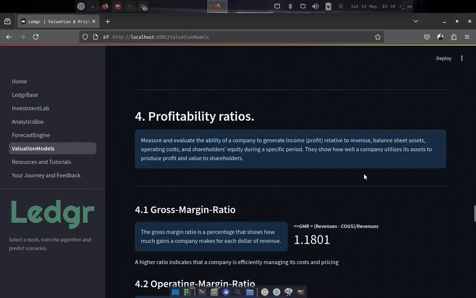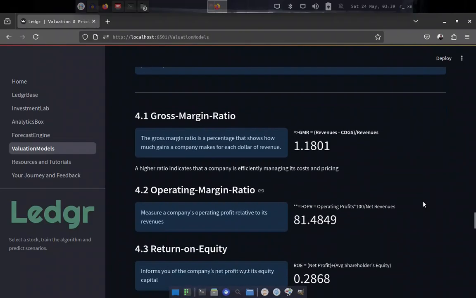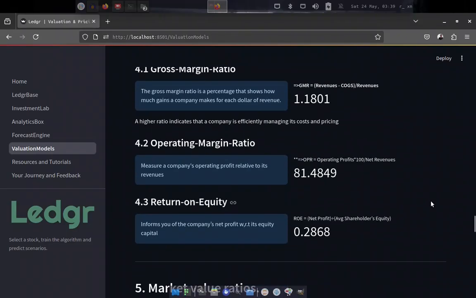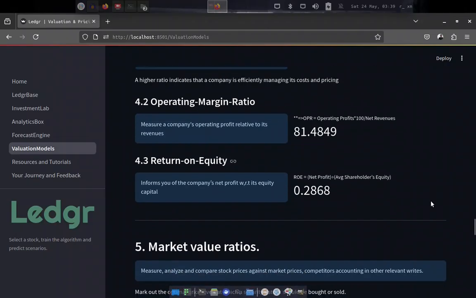This is an addendum to the previous ratios in the sense that they show how well a company utilizes its assets to produce profit and deliver value to shareholders. The first is the gross margin ratio, which is how much a company gains for each dollar of revenue. Followed by this is the operating margin ratio, which measures the operating profits of the company relative to its revenue.